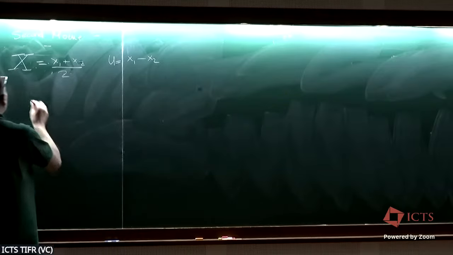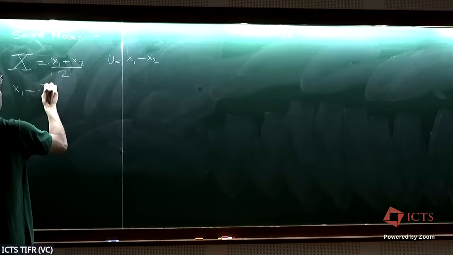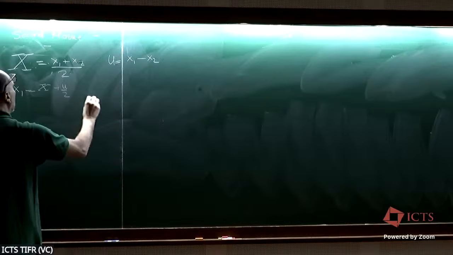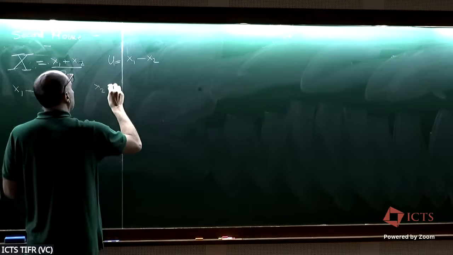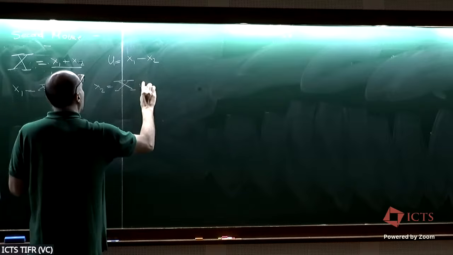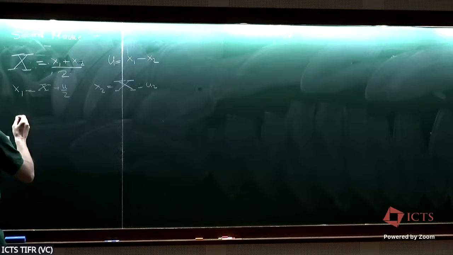So you will have that x1 is equal to capital X plus u over 2, and x2 is equal to capital X minus u over 2. And then you can write the kinetic term.